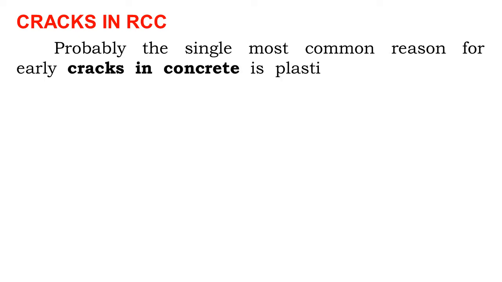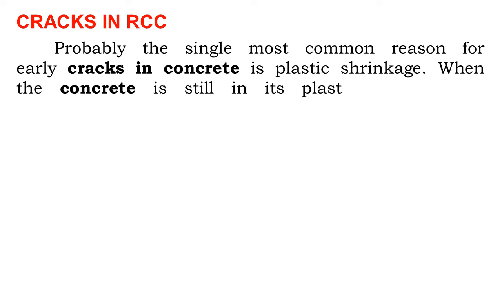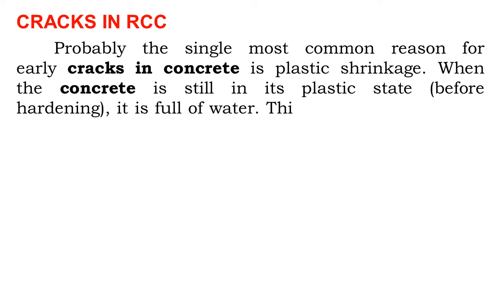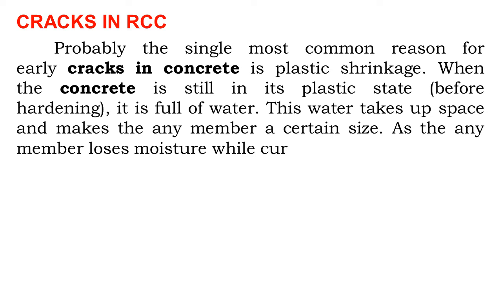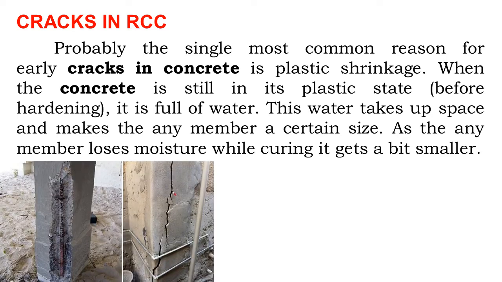What exactly we are going to study is, first, cracks in RCC. While studying any subject or topic, we are supposed to have the basic information first, and that's why cracks in RCC. What does it mean? Probably the single most common reason for early cracks in concrete is plastic shrinkage.